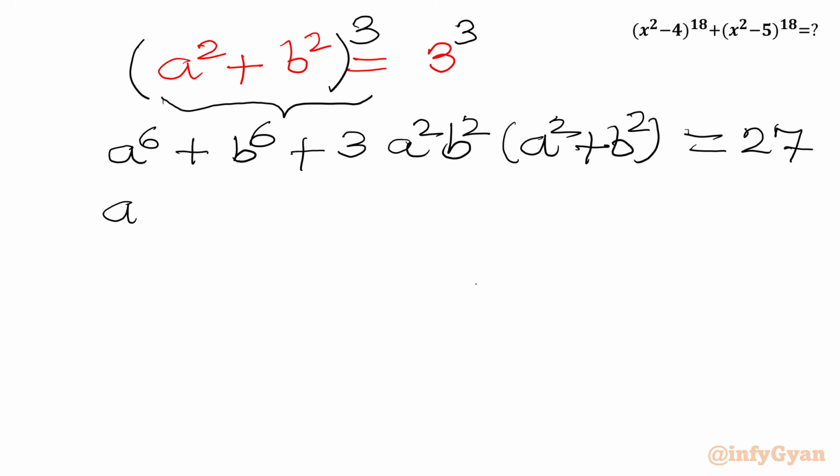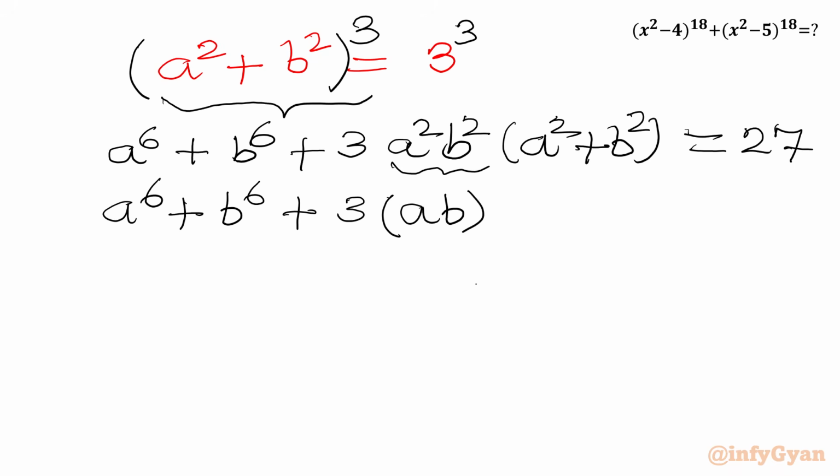We will write a power 6 plus b power 6 plus 3 times a square b square can be written as ab whole square, and here we have a square plus b square equal to 27.